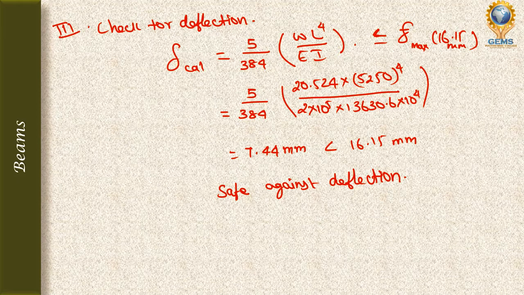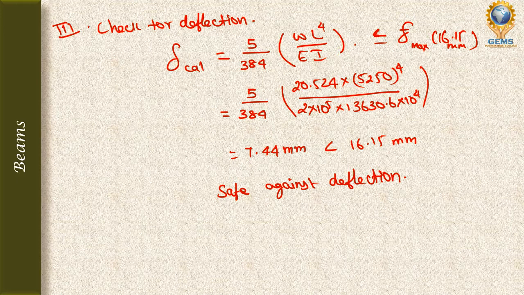So this is the solution for the problem. First we found the effective span of the beam, then the allowable bending stress, allowable shear stress and allowable deflection. Then we calculated the total uniformly distributed load and found the maximum bending moment and maximum shear force.